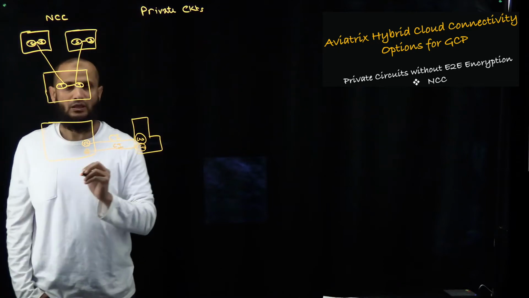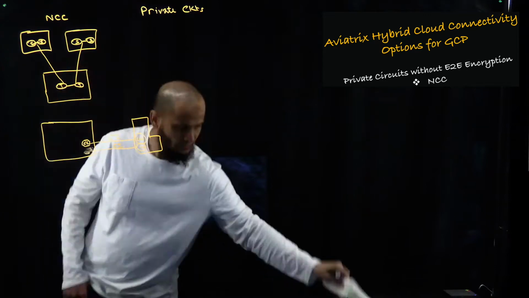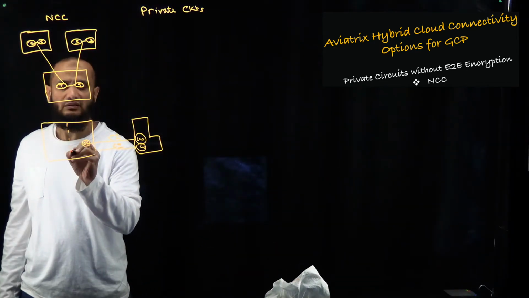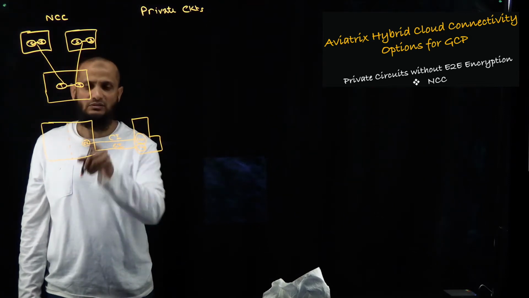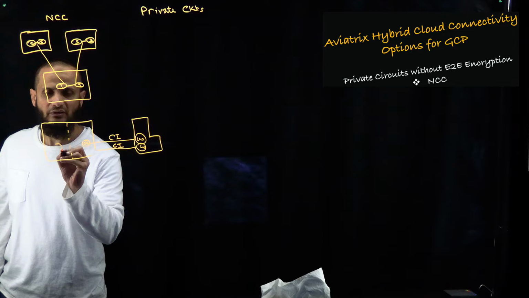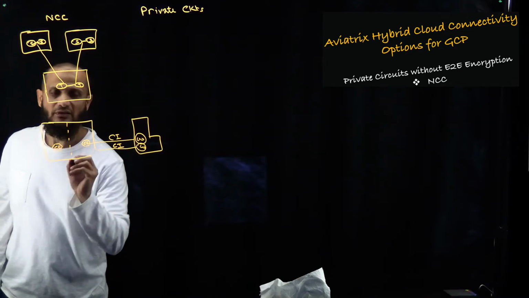All right, so let's draw this a little bit differently. If I say this is zone 1, that's zone 2, then I'm going to draw another cloud router in a different zone.